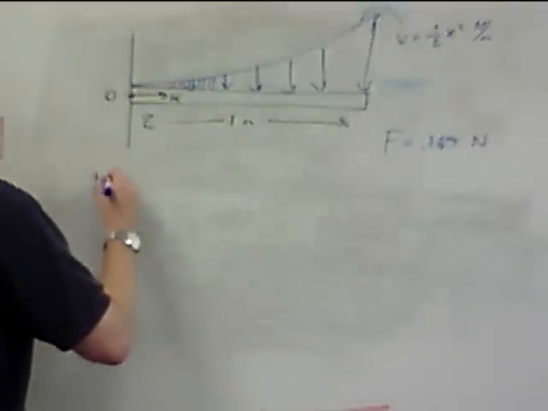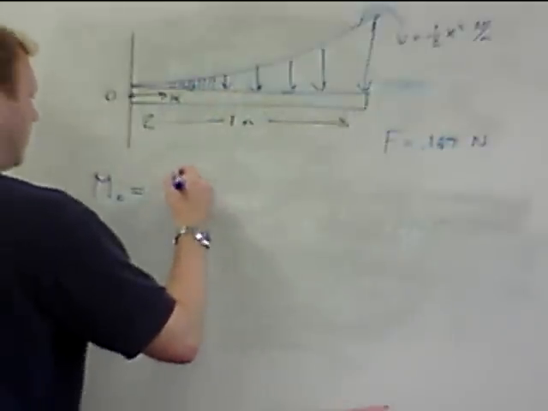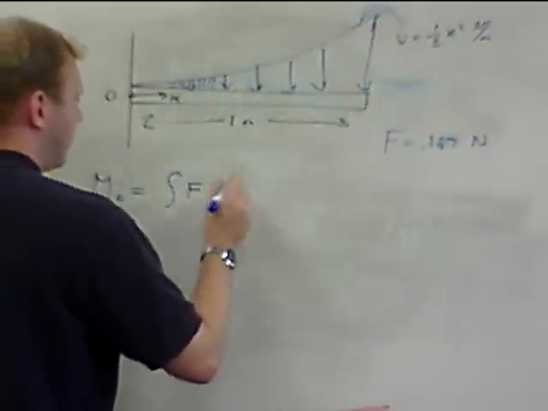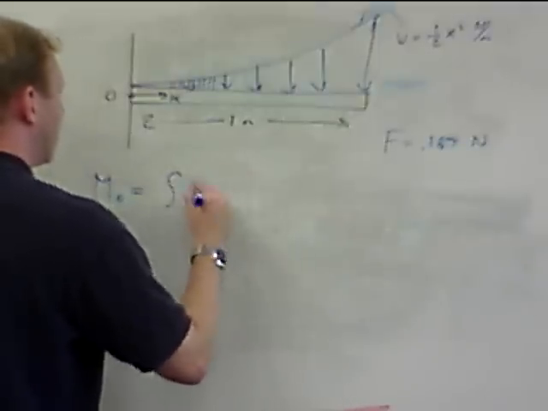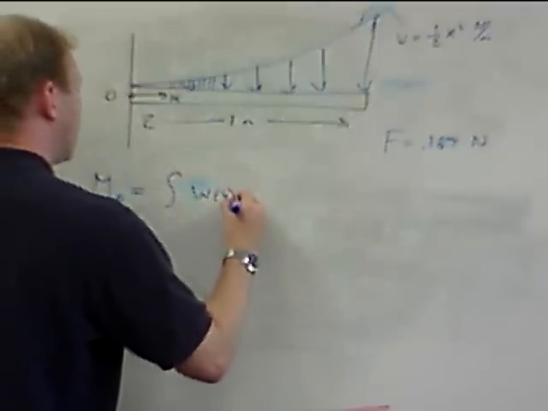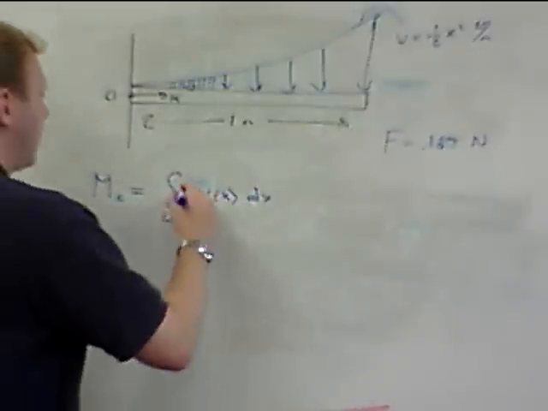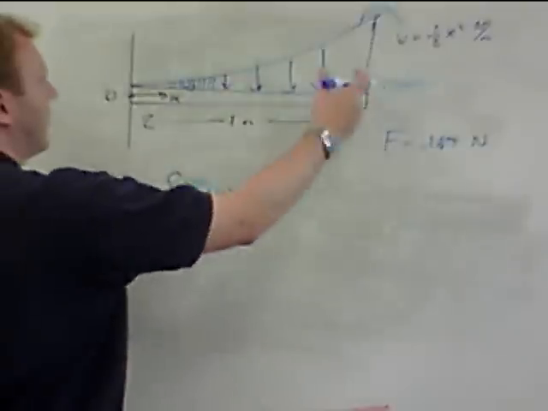The moment about point O is not just the integral of w of x dx over L, but we need to multiply that by x. Multiplying that by x gives us a much bigger piece here.